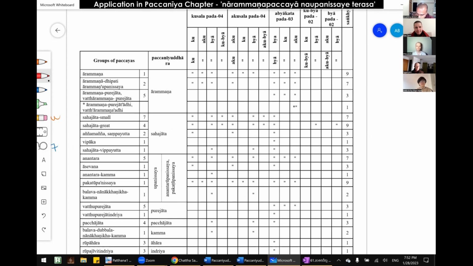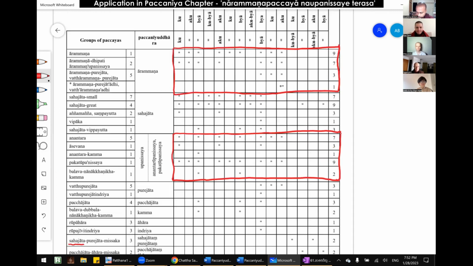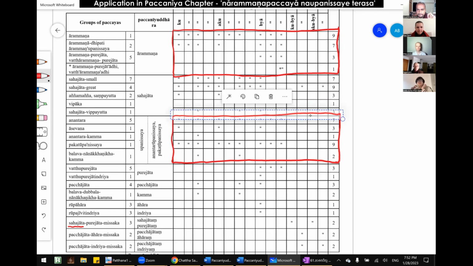So we are removing this part, Nārammaṇa, and then we are removing the Upanissaye, right? Now we have to look at the Vissajjanās when these two paccayas are removed.